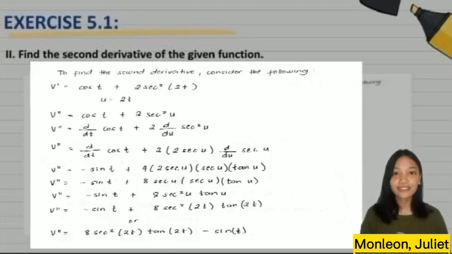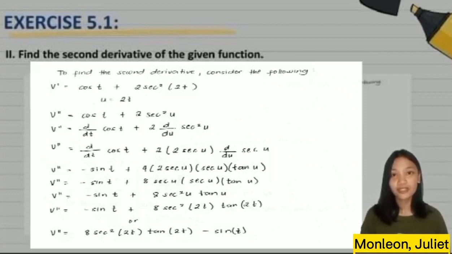Let us first find the derivative of secant squared u with respect to u. Using the power rule, we come up with the result 2 secant u multiplied by the derivative of secant u with respect to u.